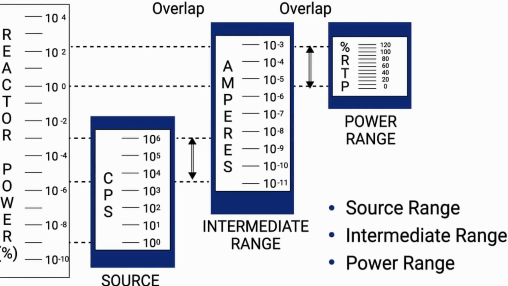I will explain briefly about the source range detector. The source range detector measures the lower power range. The detector used here is the boron trifluoride detector. In this range, the electronics see the pulses caused by both neutrons and the gamma radiation.